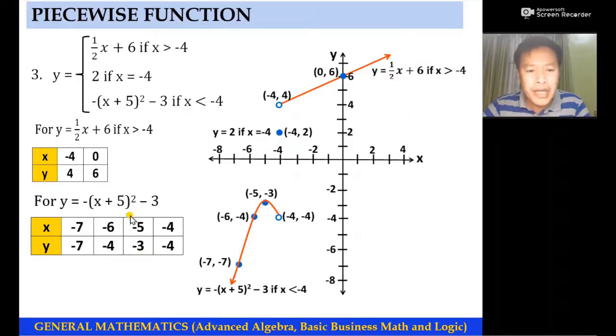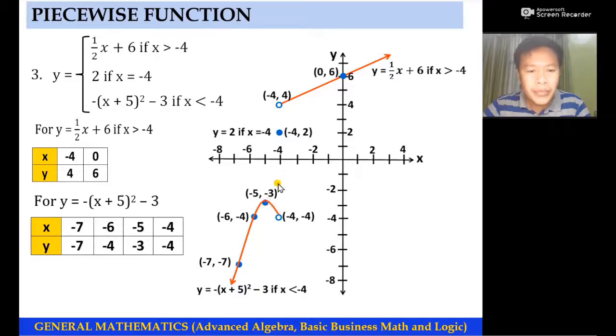Now, we will proceed with the second point, which is our vertex of our parabola. And that is -5 and -3. How did you get this point? So we have 1, 2, 3, 4, 5. Move downward 3 units. Then 1, 2, 3. This is it.